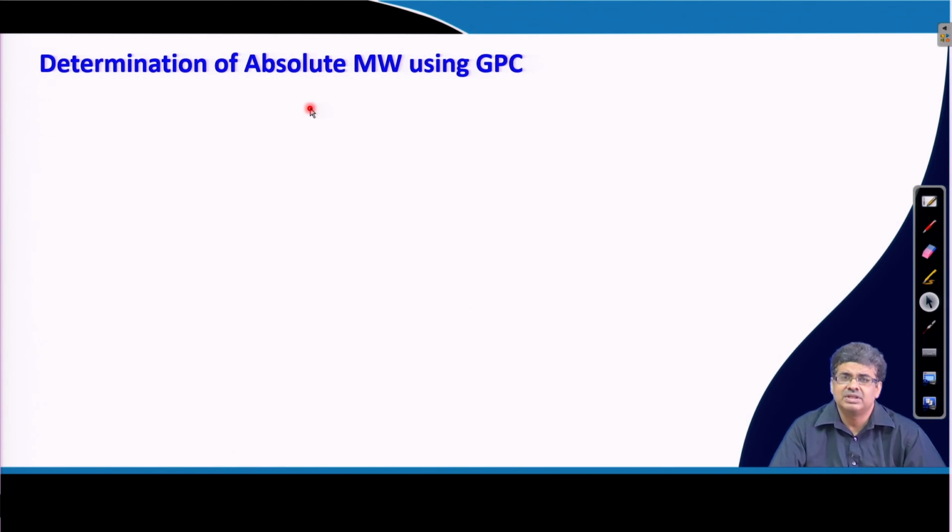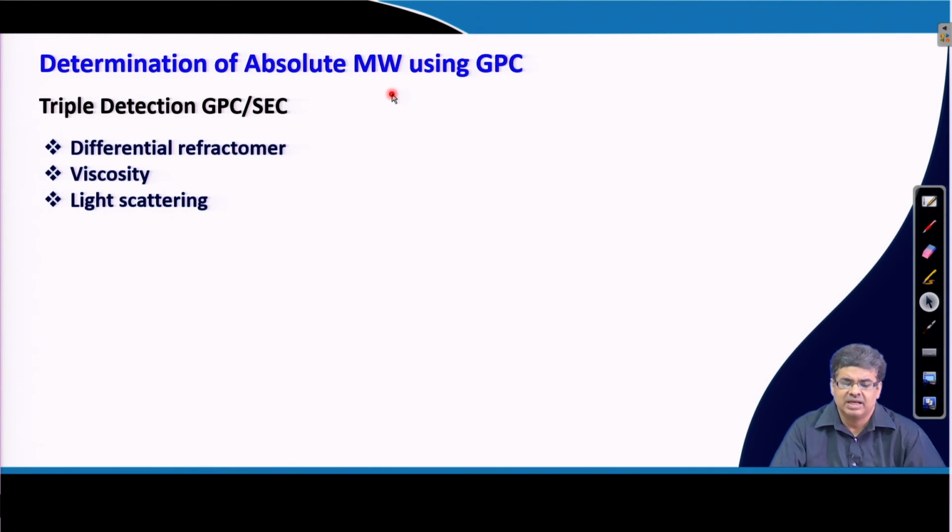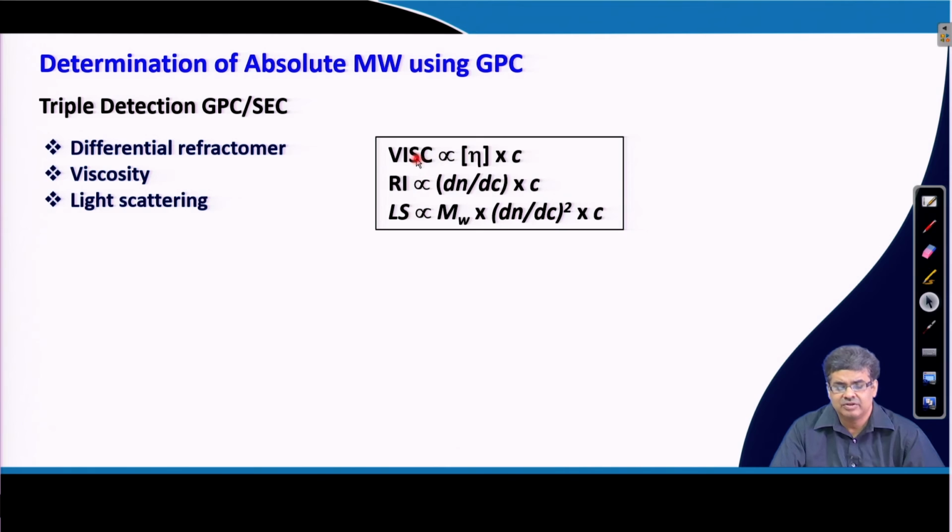We can also use other techniques to determine the absolute molecular weight, and for that we can use triple detector GPC or SEC, and the three detectors generally used are the differential refractometer, viscosity and light scattering detector. The responses of these three detectors are shown here.